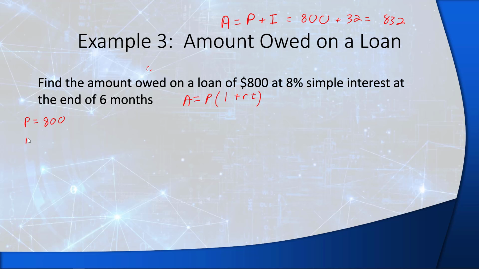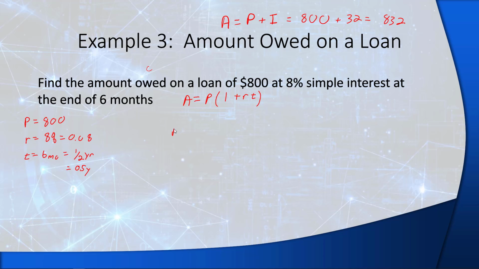We know that R is equal to 8%, which as a decimal is 0.08. And we have that T is equal to 6 months, which is 1/2 of a year, or maybe we should write that as 0.5 years.